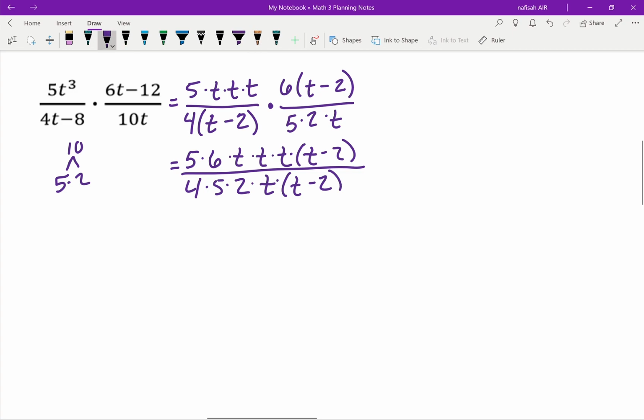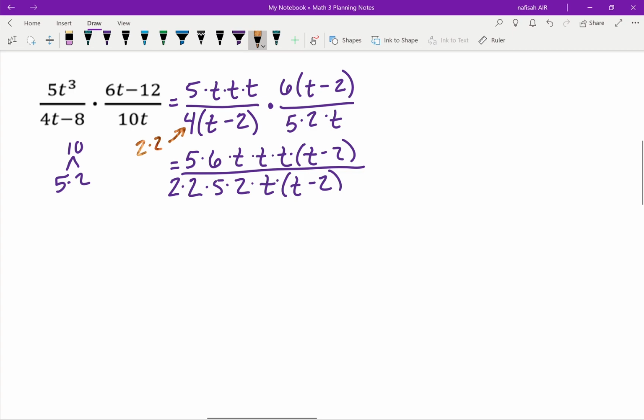I see that once I did my factoring with this right here, this 4 can be broken down to a 2 times 2. So I'm actually going to erase this, and I'm actually going to write what it can be broken down as. Same thing with this 6.